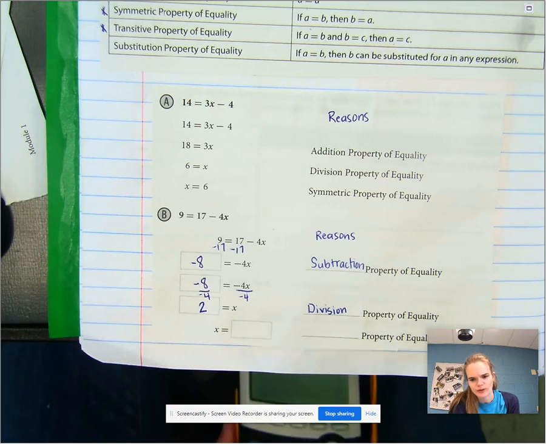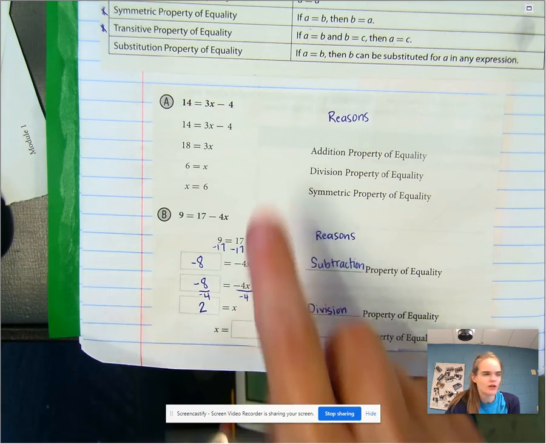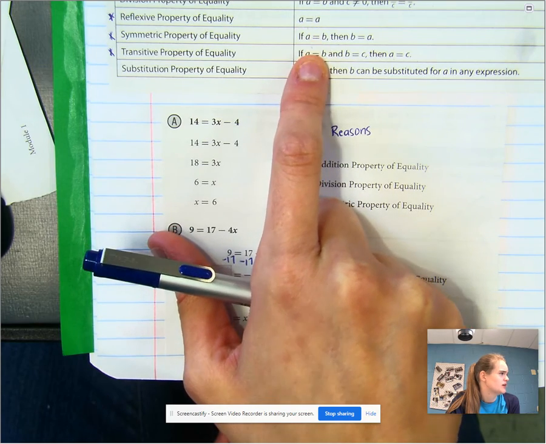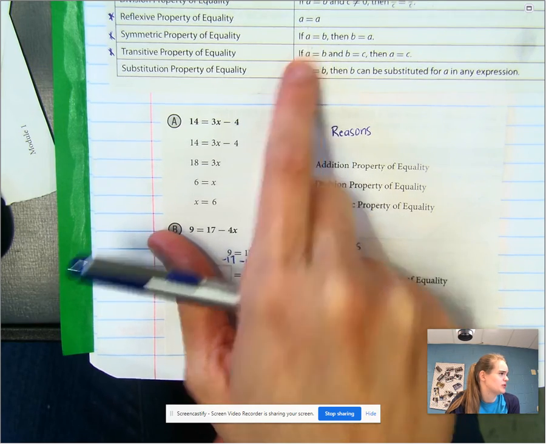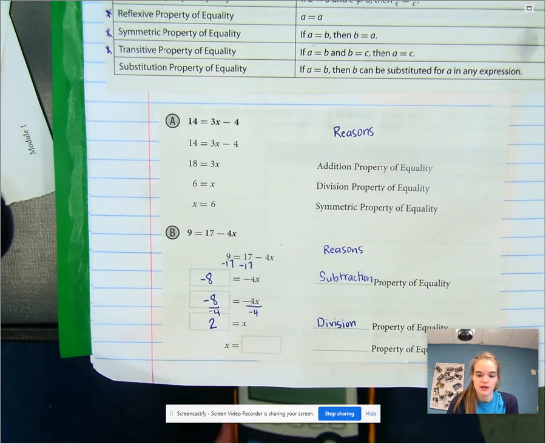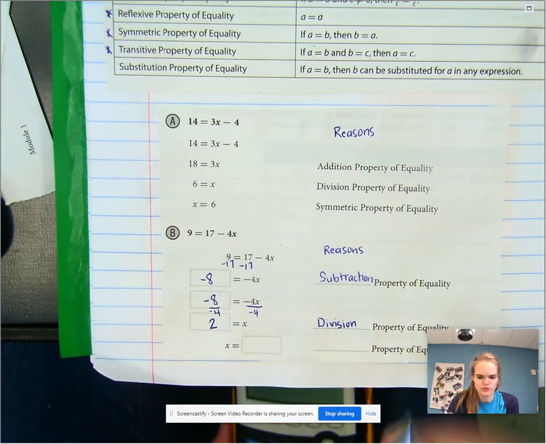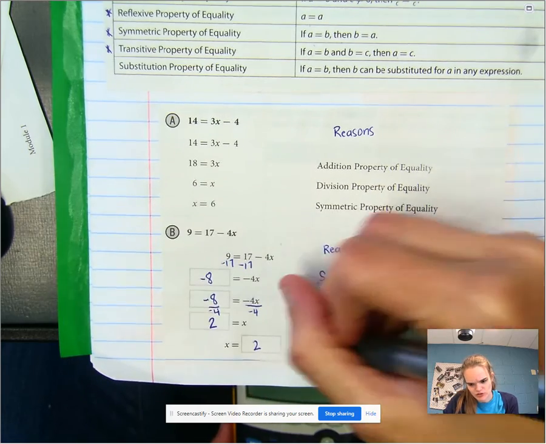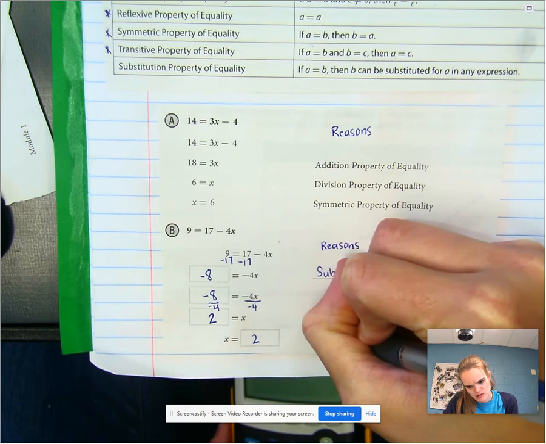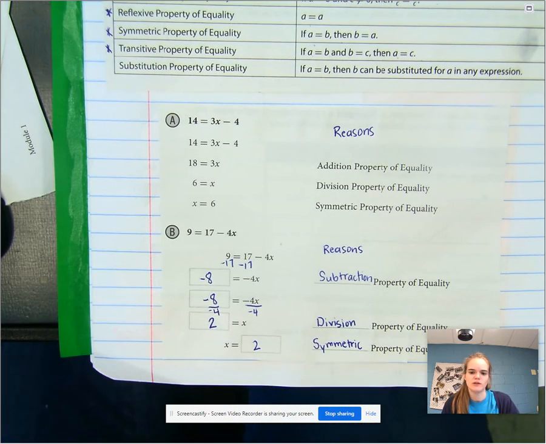Okay. Now I'm going to turn it around. Well, let's look up here at what's going on here. Which one of these just takes it and flips it around? Right here, symmetric property says that if it's 2 equals x, x equals 2 is the same. So symmetric property of equality.